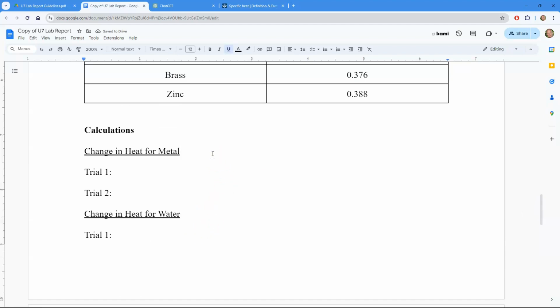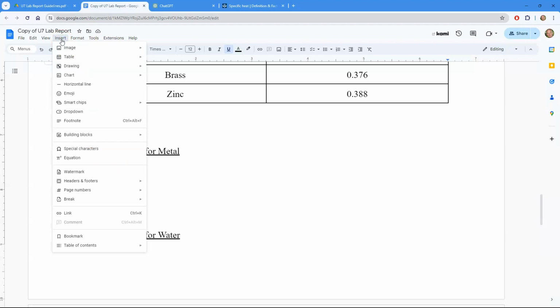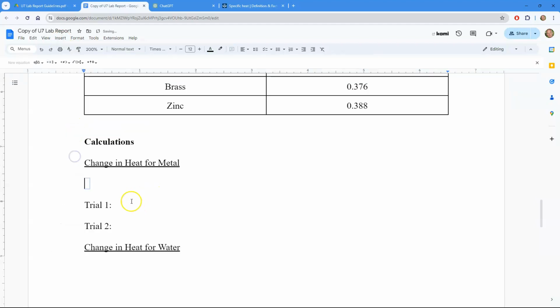Okay. So I don't have to write out the equation each time, I'm going to put the equation above trial 1 and trial 2 for each step. So the change in heat for the metal, my equation is final minus initial. So I'm going to do insert equation.